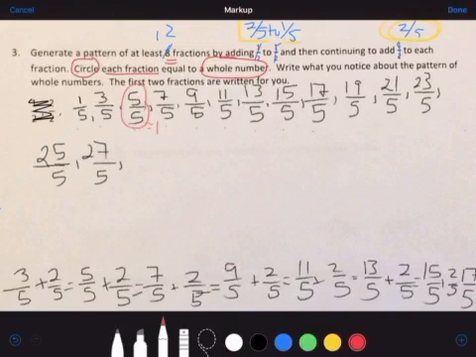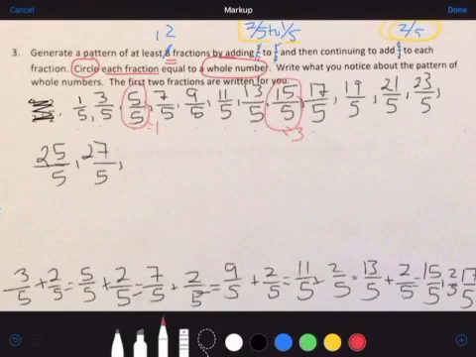7/5? No. 9/5? No. 11/5? No. 13/5? No. 15/5? Yes. 15/5 is equal to 3. 3 is a whole number. 17/5? No. 19/5? No. 21/5?